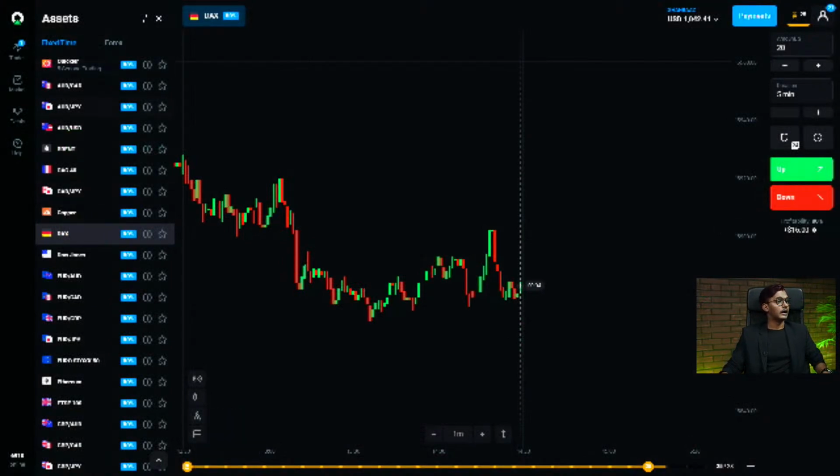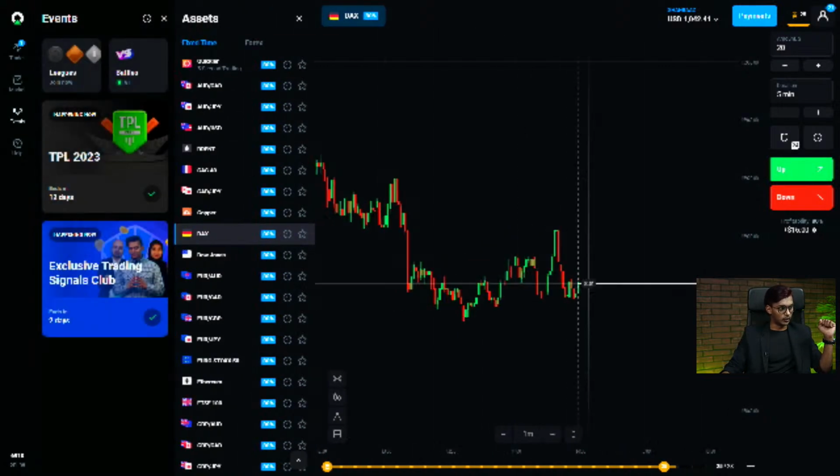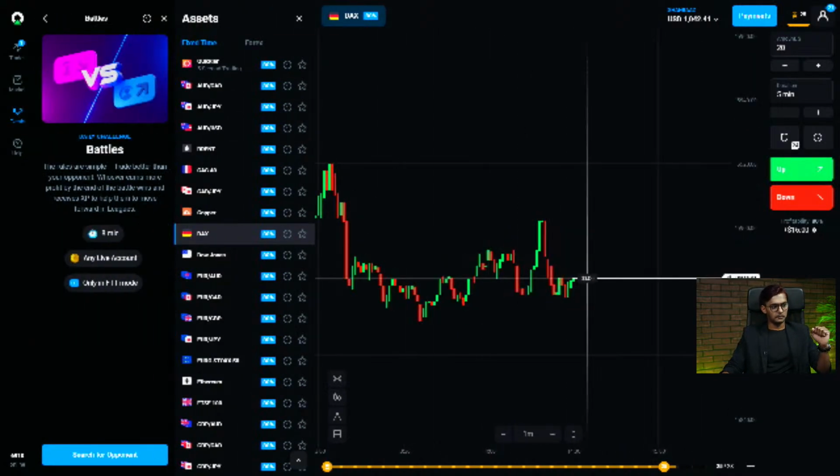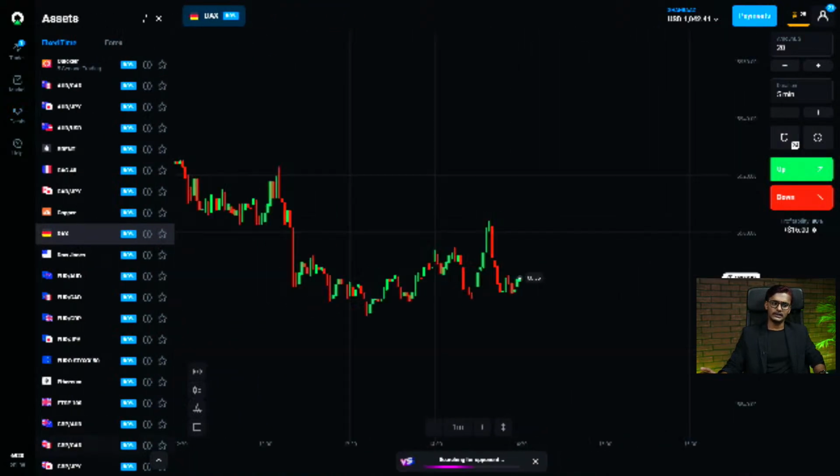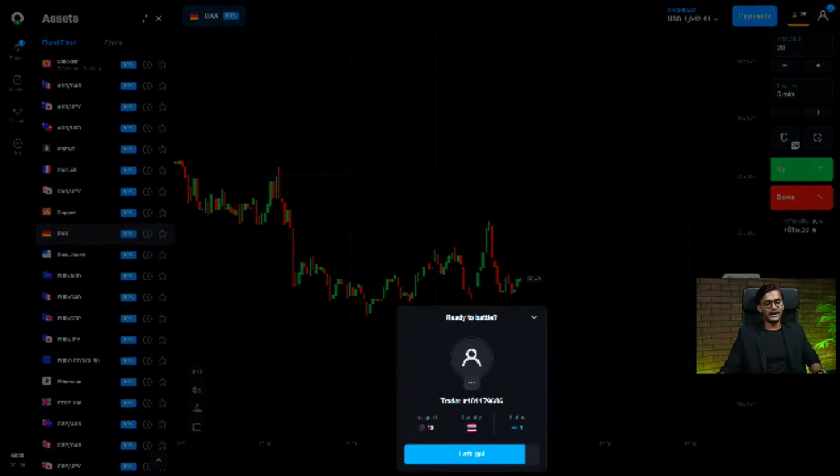Again, to participate, I will go to the event and click on battles. Here you will see the search for opponent option. I will just click there and wait for someone from Olymp Trade to battle with me. So I can see one guy is live and my battle is on again.